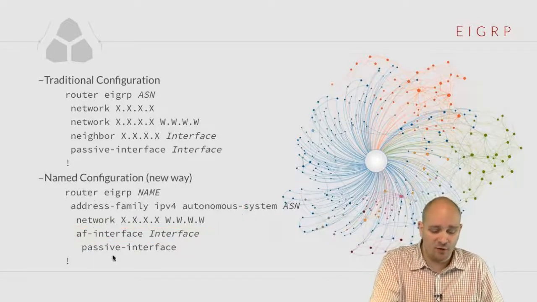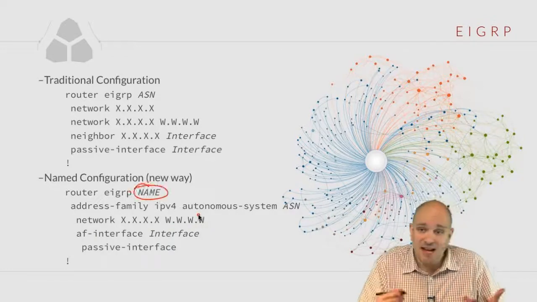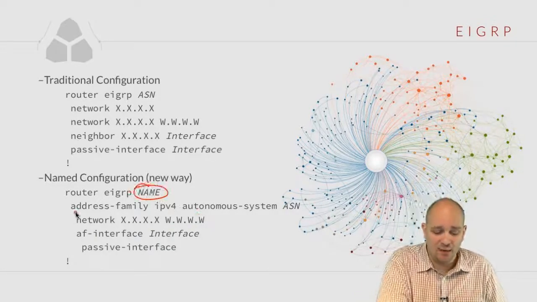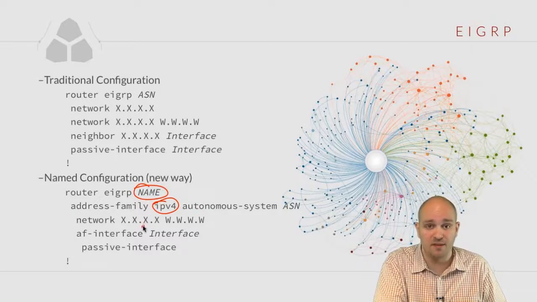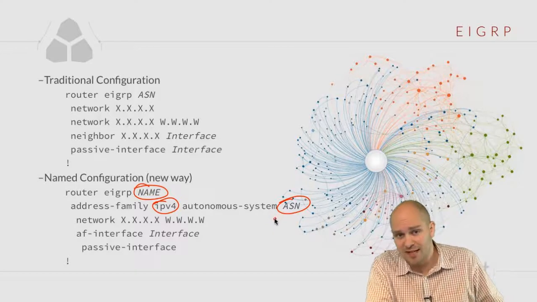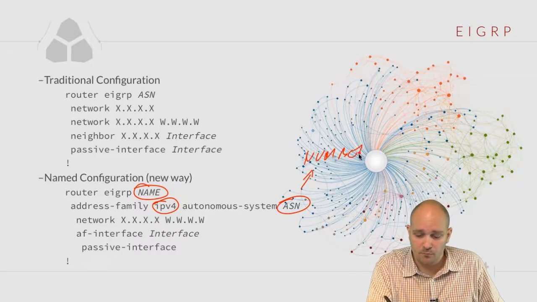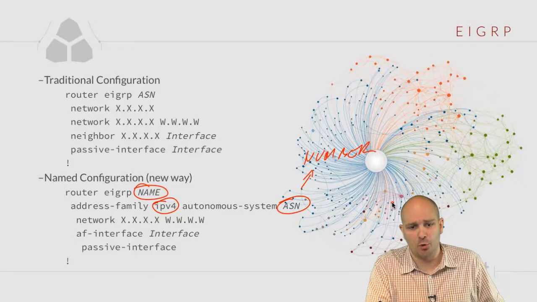So in this configuration here, what I have is router eigrp and then the name. The name can be just about anything. And then I'm saying for address family IPv4, run in autonomous system ASN, whatever that number would be. So this here is going to be the AS number we are going to use.